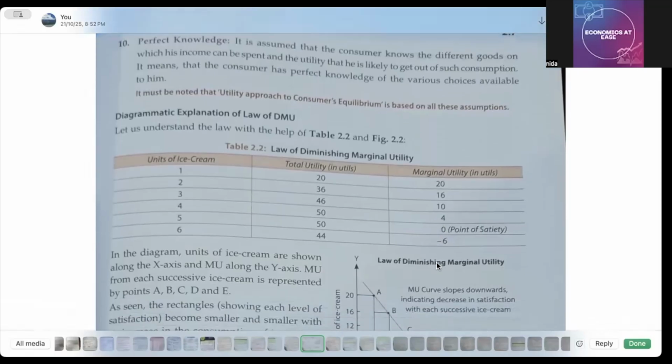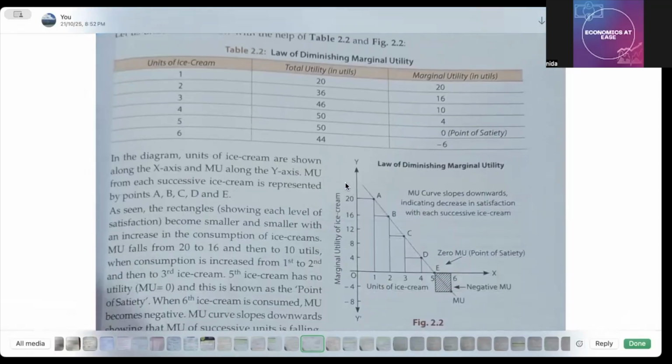Now with the help of a diagram, you can draw it like this, and the MU curve slopes downward from left to right, showing that as consumption increases, marginal utility decreases. On the x-axis, units of commodity consumed, and on the y-axis, marginal utility of the product.